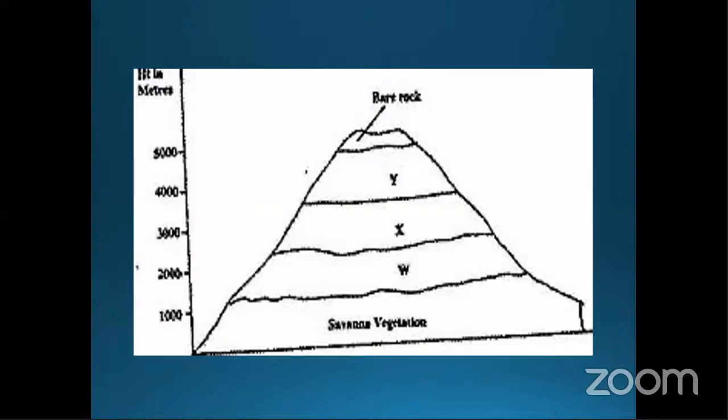Then as you move up, for example, when you go to 2,000 meters high, you will find a different type of vegetation. Here, can you see here, members? Yes. What type of vegetation do you think we expect to find on W?